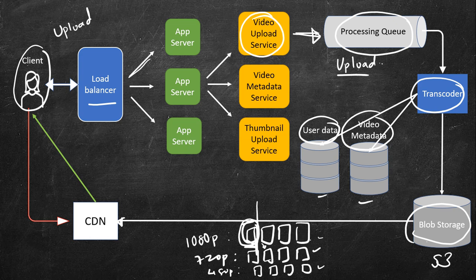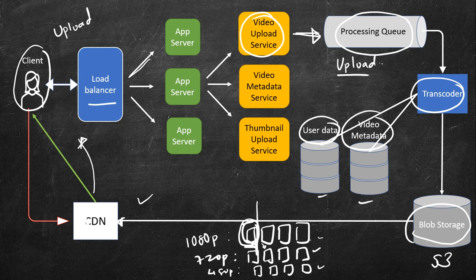So there can be a different algorithm altogether for which videos are moved to CDN. One of the popular ways would be that let's say user queries for a certain video and requests playback of it, and that is not in the CDN. So it will query the blob storage and fetch the video from there, and it will also store that in the CDN, so that next time the user searches for that, it will be directly returned from the CDN without any delay.